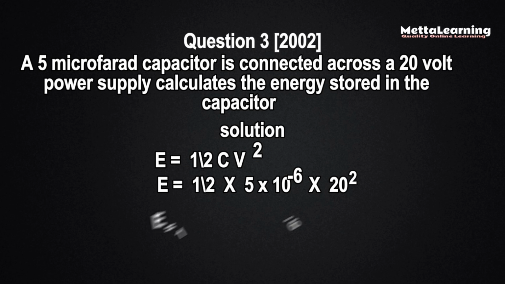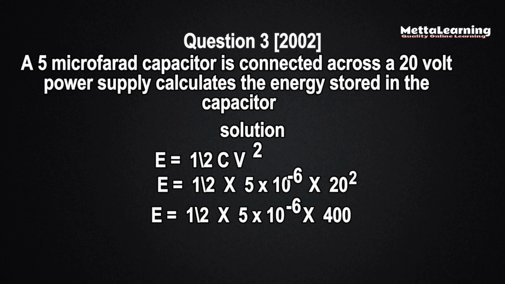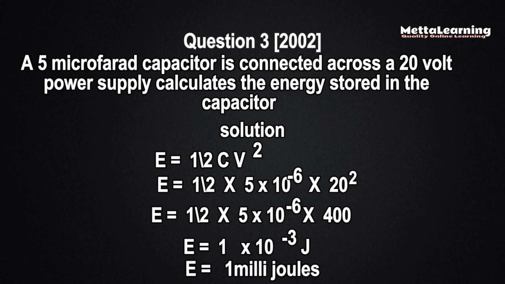So we have half times 5 times 10 to the power minus 6 times 400. By multiplying this all together, we then have 1 times 10 raised to the power minus 3 joules, which can also be written as 1 millijoule as our final answer for the energy.